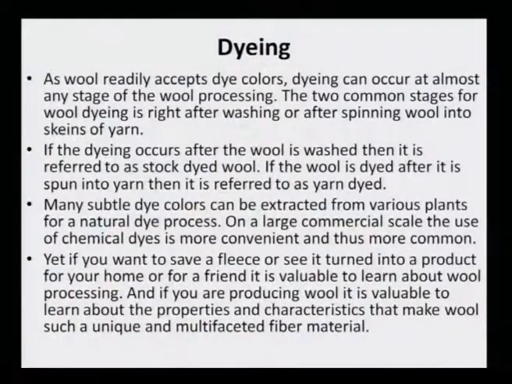But for preparation of the wool, these many steps must be carried out in order to have good dyeing of the wool. As wool readily accepts dye colors, dyeing can occur at almost any stage of the wool processing. The two common stages for wool dyeing are right after washing or after spinning wool into skeins of yarn. So, one can dye at any step.